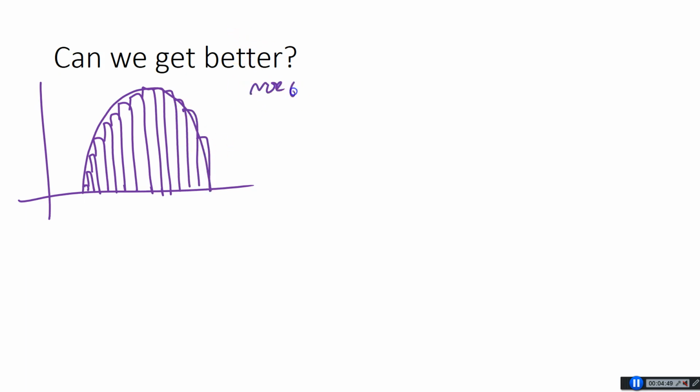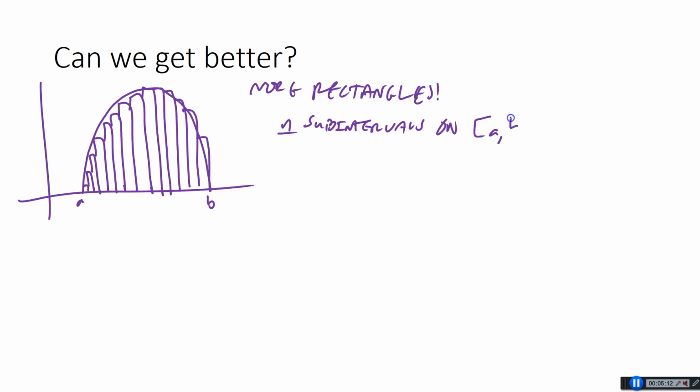Now let's think about what this area is actually going to be, right? So if we think about this being split up into n rectangles, so we have n subintervals, and usually you say this is from a to b, something like that, so it's on the closed interval [a, b].